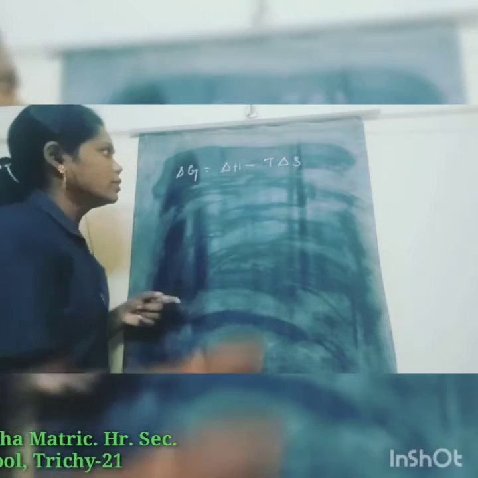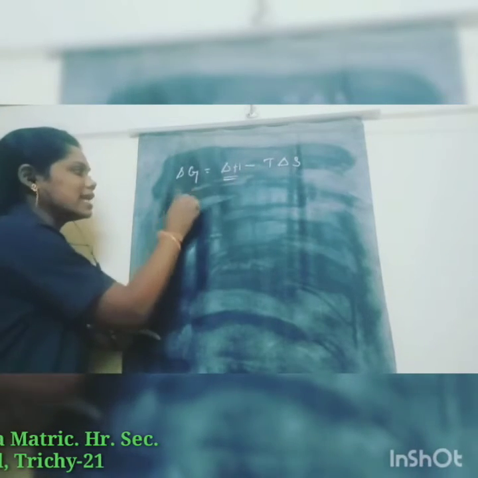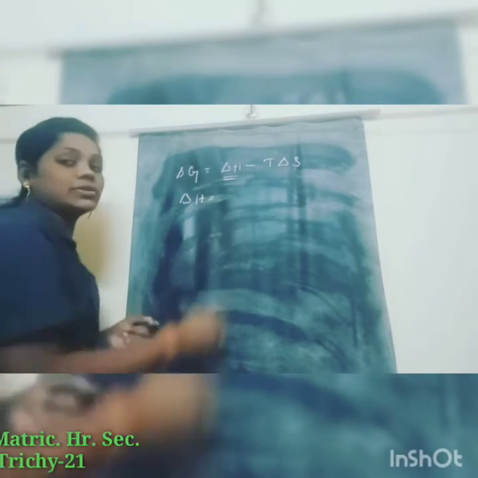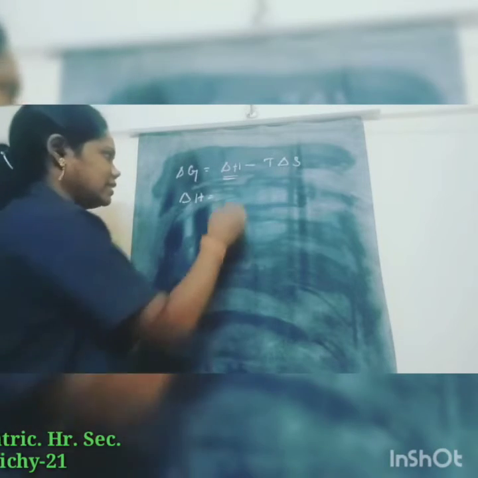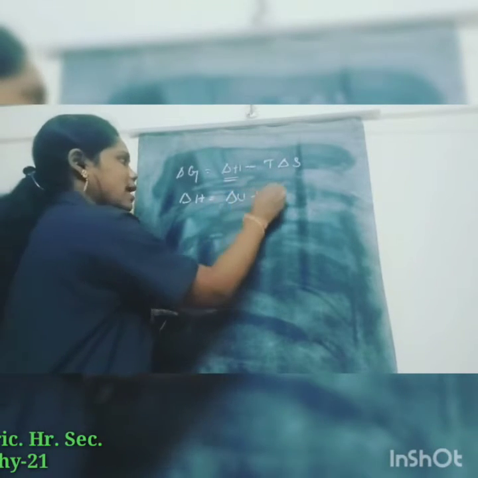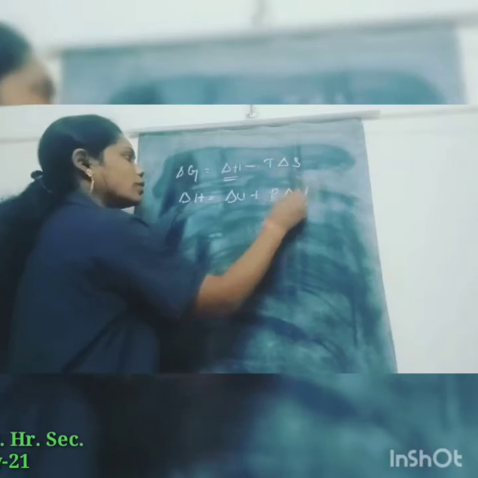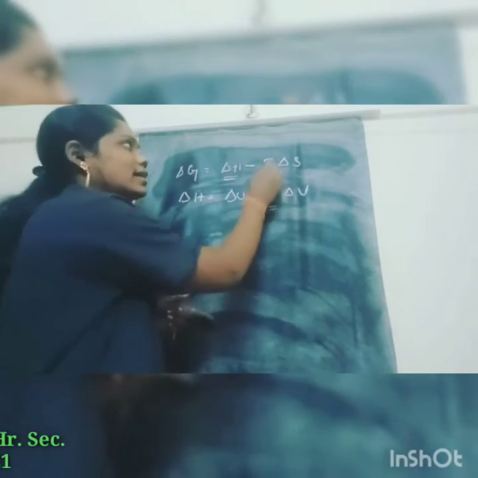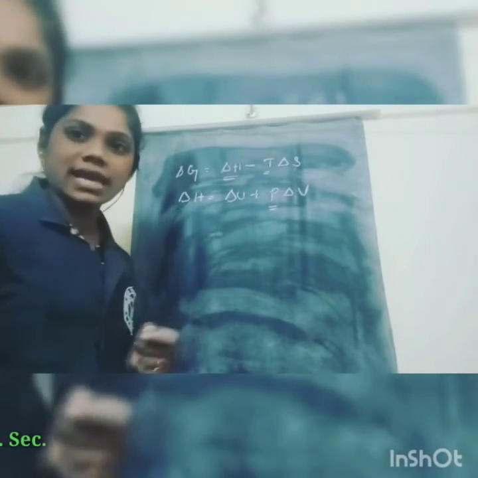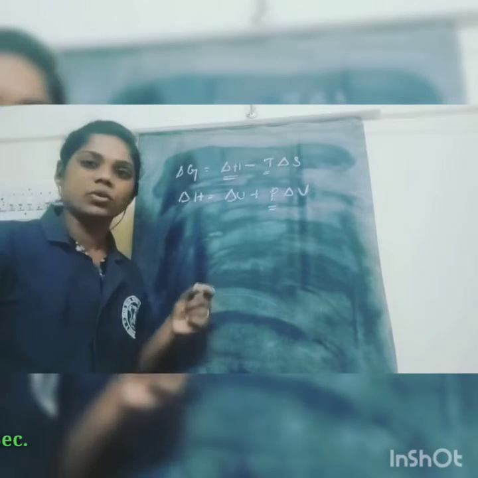Already we know the del H value. So what is del H? Del H is equal to the change in internal energy del U plus P del V. Here pressure is constant and temperature is constant. Del V is the change in volume.